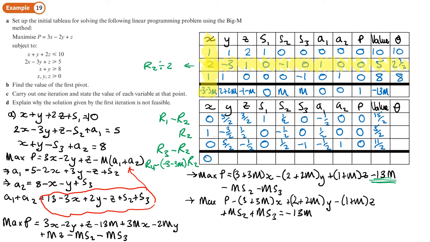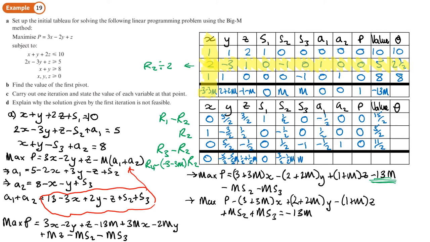There's going to be a bit of a squeeze here. Negative 5 over 2 minus 5 over 2m. Then we have half plus half m. Then 0. Then we're going to have negative 3 over 2 minus a half m.